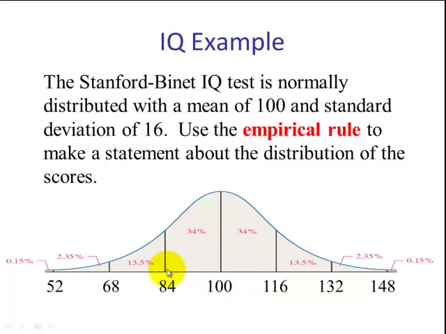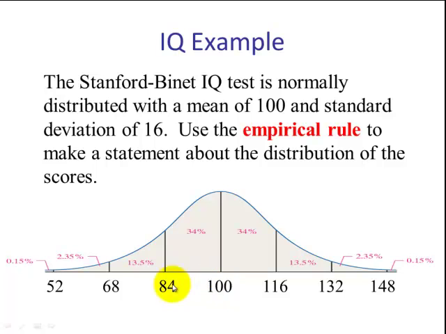So if we were to draw a picture of this, the mean would go in the middle, 100, and if we go one standard deviation below the mean, or 100 minus 16, we would get 84. And if we go one standard deviation above the mean, that would be 116. So we expect this area between the scores of 84 to 116 to contain 68% of the scores.